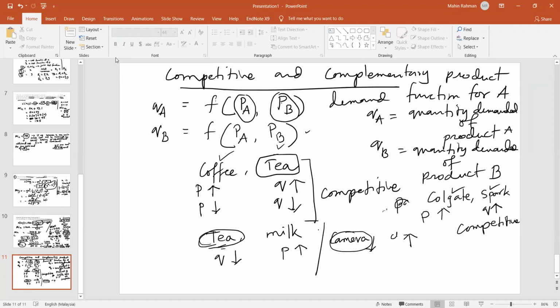People nowadays don't use so much camera, because the mobile phone is competing with the camera, so they shift to the mobile phone. So the demand for cameras goes down. Or if the price of the chips the camera uses for taking photos goes up, the demand for cameras goes down. That is called a complementary product.